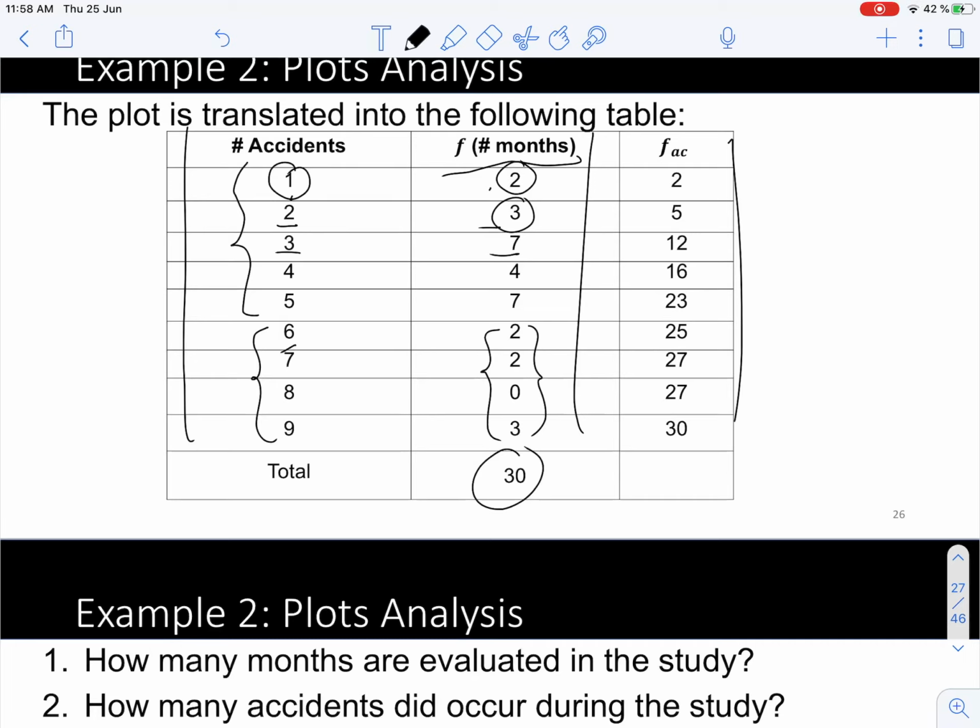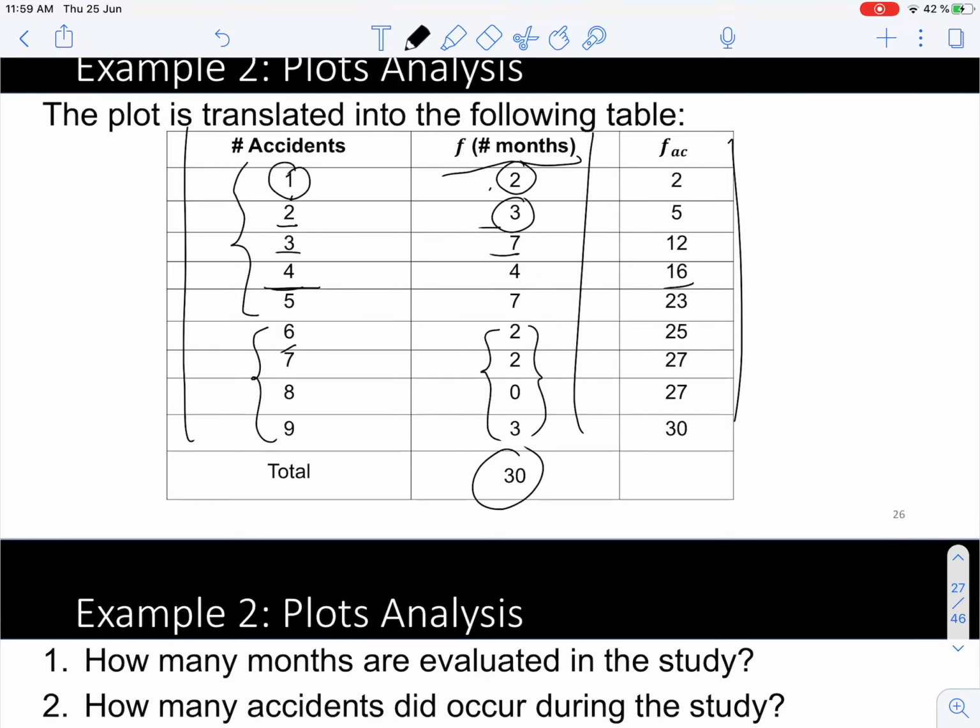So let's check where in this table we have positions 15 and 16. The cumulative frequency comes handy when we're doing that analysis. In the third class, we have up to position 12. But in the fourth class, please notice that we have positions 13, 14, 15, and 16.